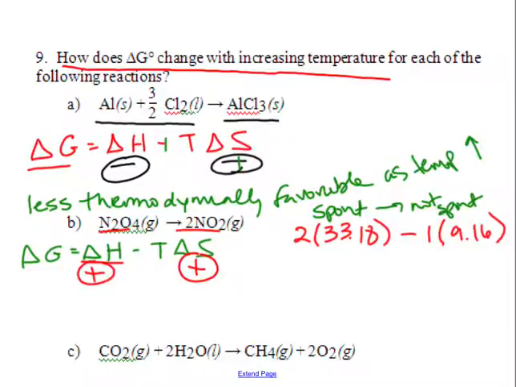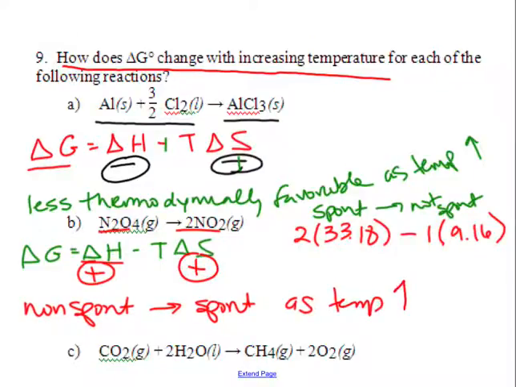So since that's positive, as I increase the temperature, what happens to this reaction? It's going to become more, and it's hard to say more spontaneous. What does it mean? Either you're spontaneous or not, right? So it's going to become more thermodynamically favorable, meaning it could go from non-spontaneous to spontaneous as temperature increases. Favorability increases.